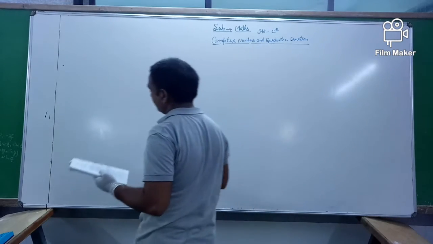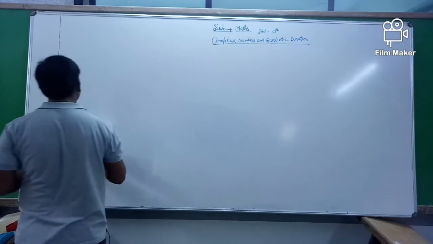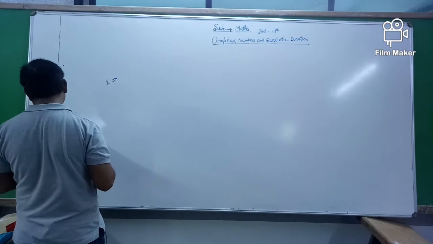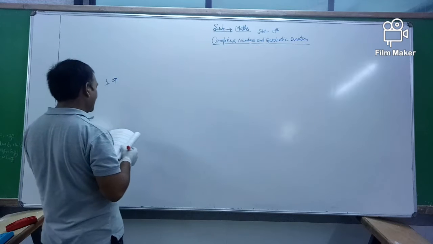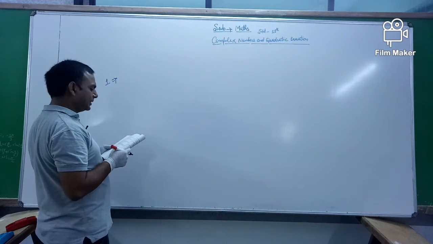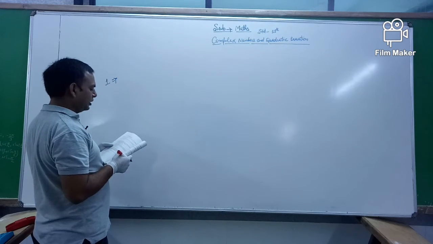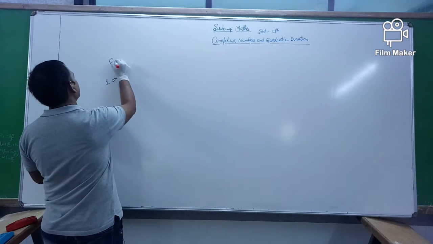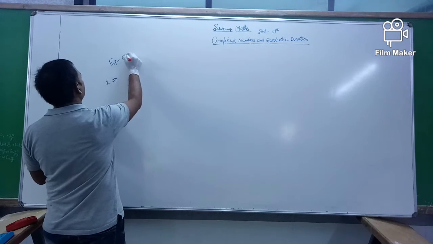In exercise 5.2, question number 1: find the modulus and the argument of each of the complex numbers in questions 1 and 2.